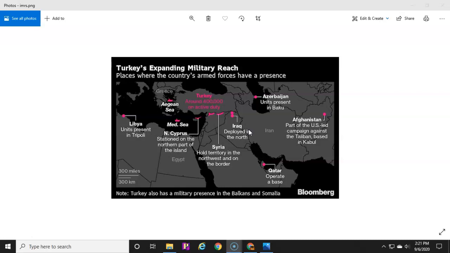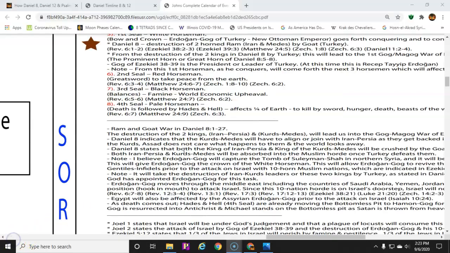These Kurds have coexisted with these countries for hundreds, if not thousands of years. And so as they're being driven out, they're going to align with Iran, and then we're going to see something happen that's going to force Turkey to rush over and destroy both these kingdoms.